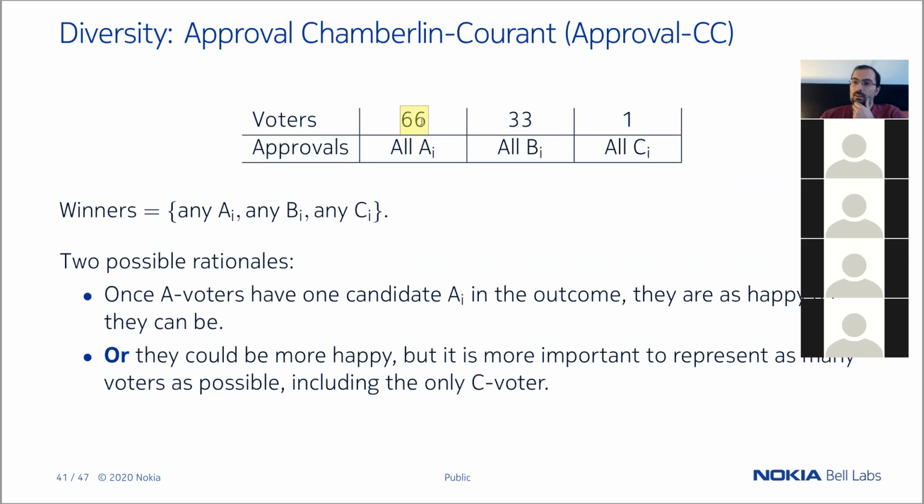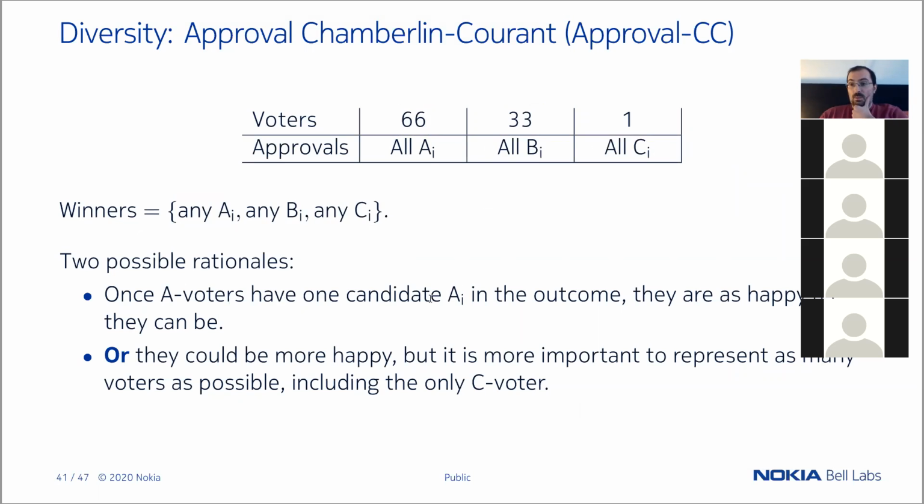I cannot improve their happiness more. So then I will put a candidate of type B, and once again, these guys are maximally satisfied. And the only thing that I can do to improve the score is to add a candidate of type C. So the winning committee will be constituted of one candidate of each type.